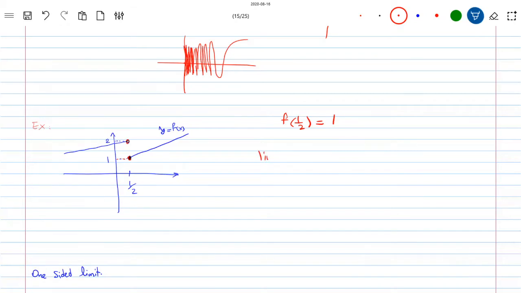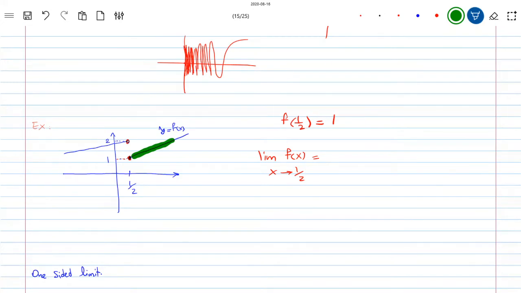But if I ask you what is the limit of the function as x approaches 1/2, then let's follow the graph. If I'm getting closer to 1/2, let's follow it on the curve. If I'm approaching 1/2 in this direction on the curve, what do you expect the y value to be before you get to 1/2?